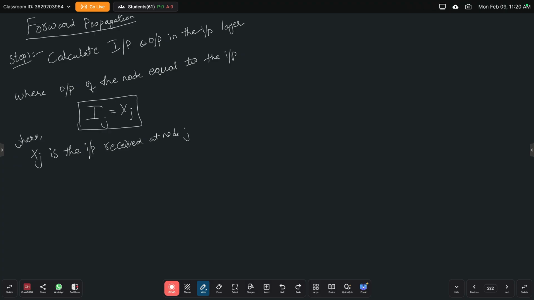Output is equal to the input in this step 1.